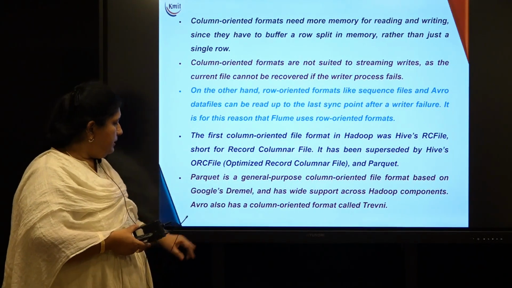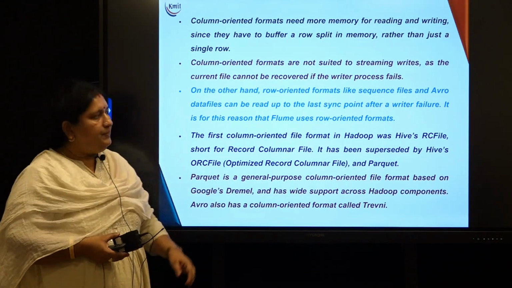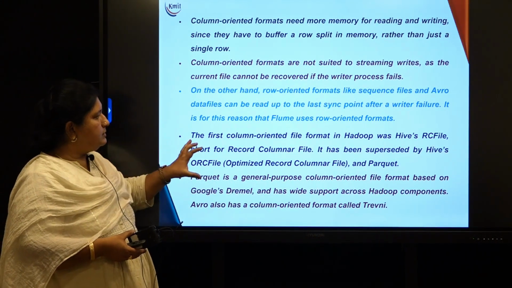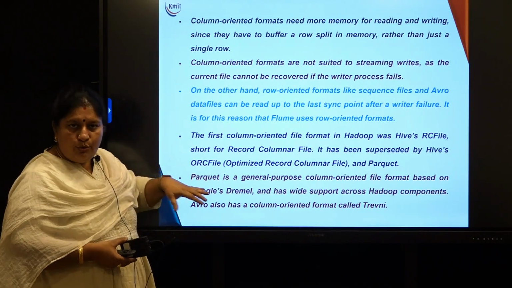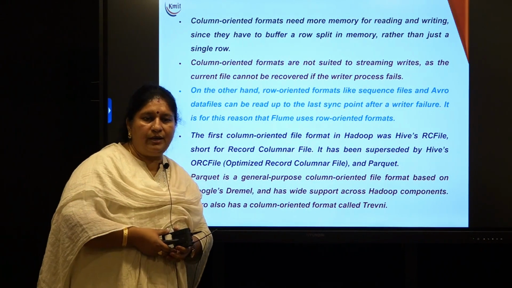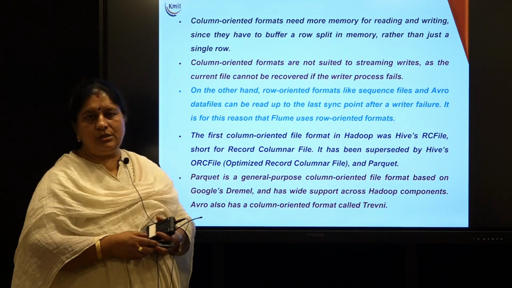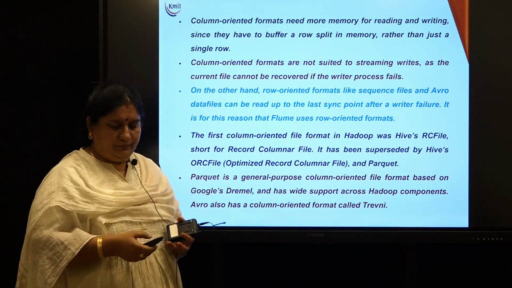Among Hadoop components, Avro has column oriented files, which we call Trevni. So these are the various things that support sequence files, map files, row oriented files, column oriented files. If someone asks you what the various file oriented data structures are, you may need to talk about all these types, right? Thank you.